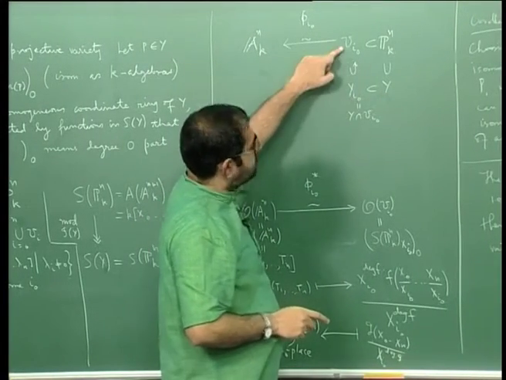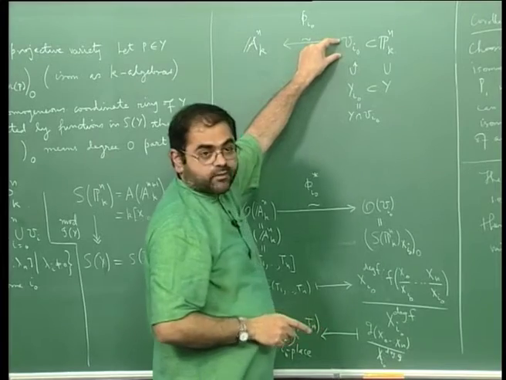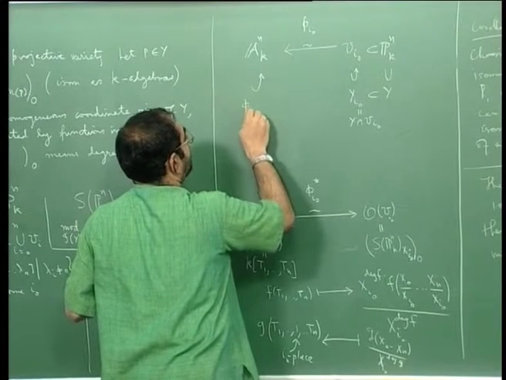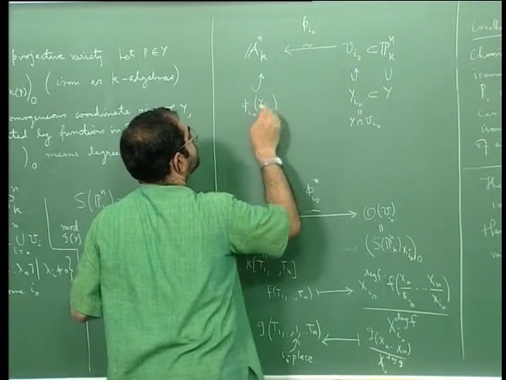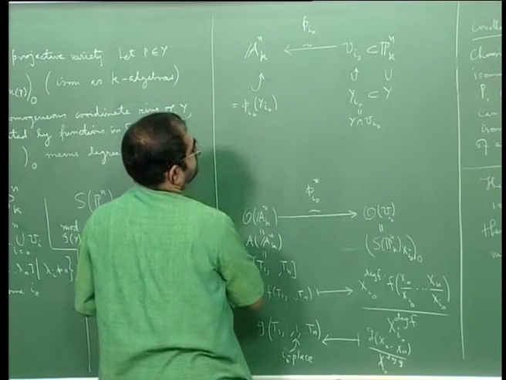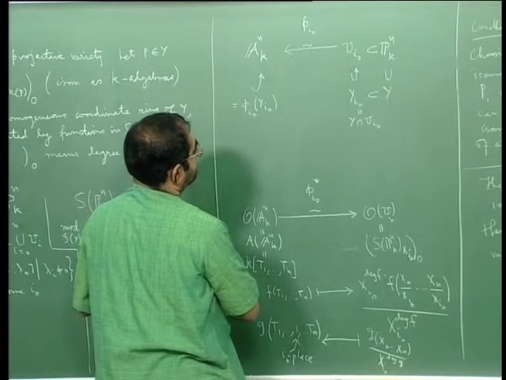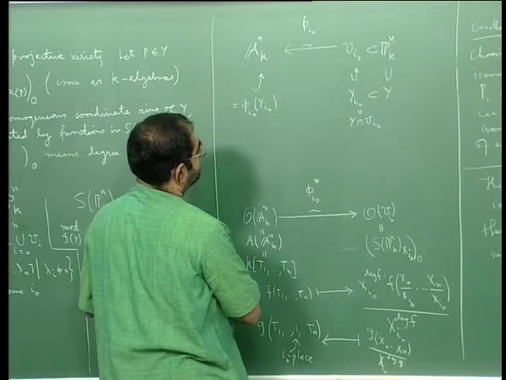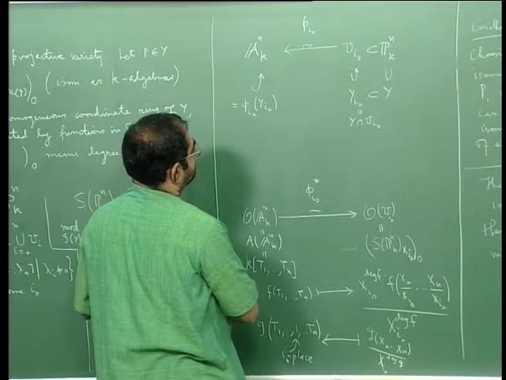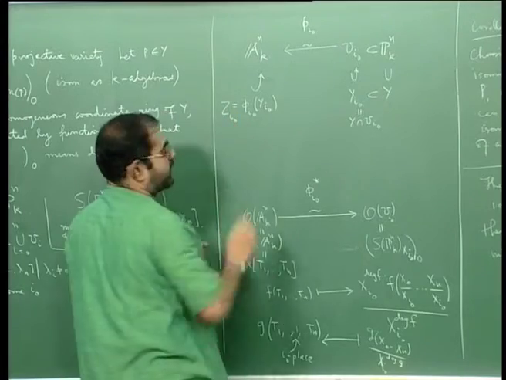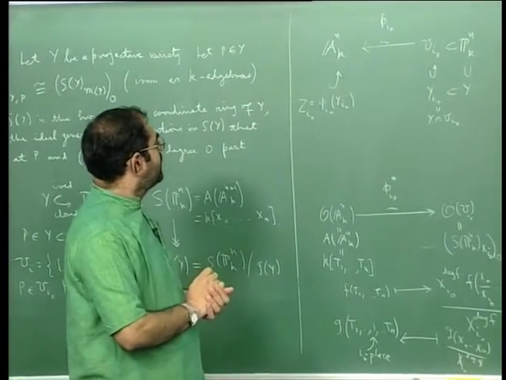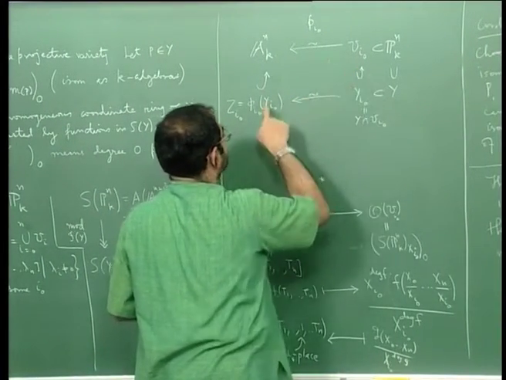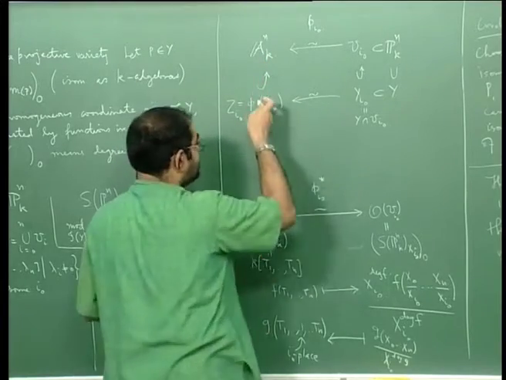On the other hand it is also closed in U_i0, so this becomes an irreducible closed subset of U_i0, which under this isomorphism is going to be carried to phi_i0 of Y_i0, which is, well, I have to give this some name, let me call it Z_i0, right, and so this isomorphism carries this irreducible closed subset into this irreducible closed subset, but then this is a variety here, okay.